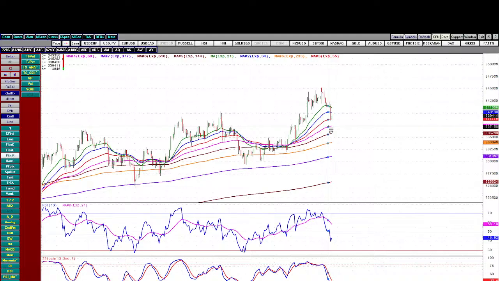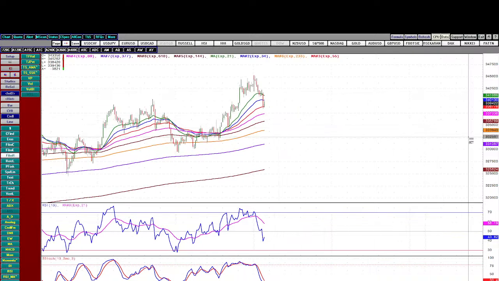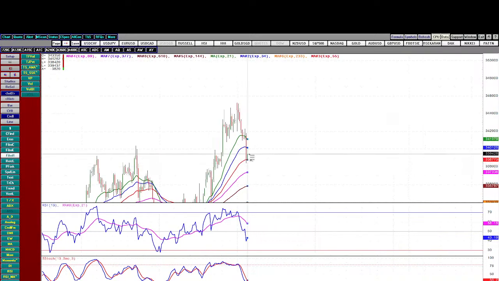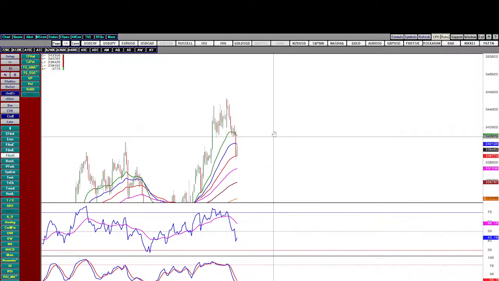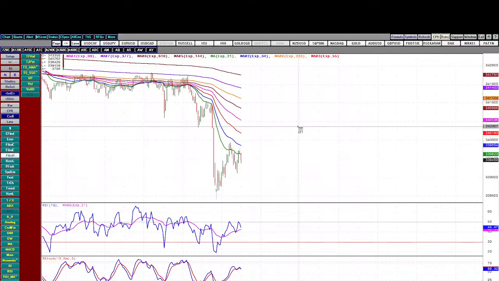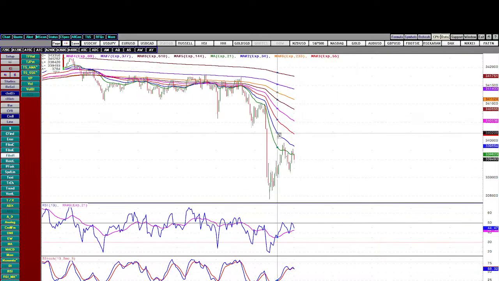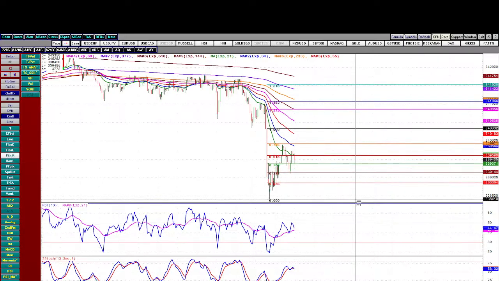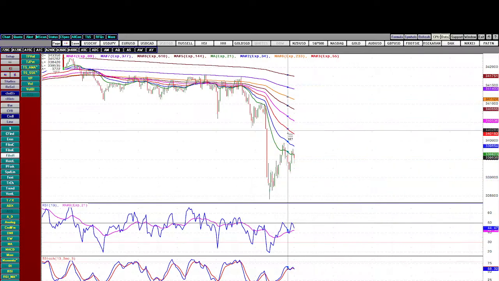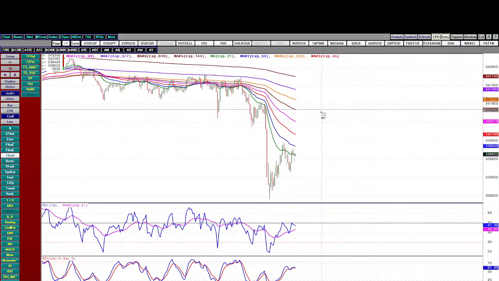Even if you buy, we have to exit before 33. I think my first target was 3393, which has already been touched. The next one is 3402, or an extension of this level, which is 3410. If we are buying, then try to exit before all these levels, because these are the next target levels we are looking for.